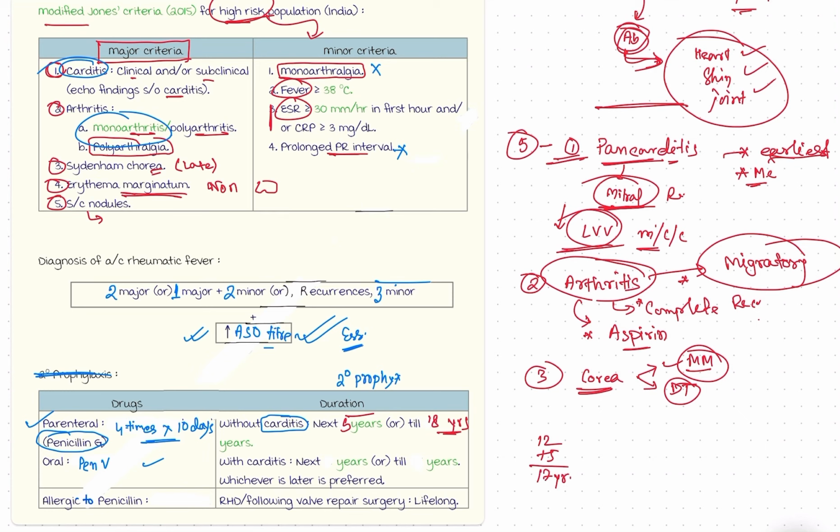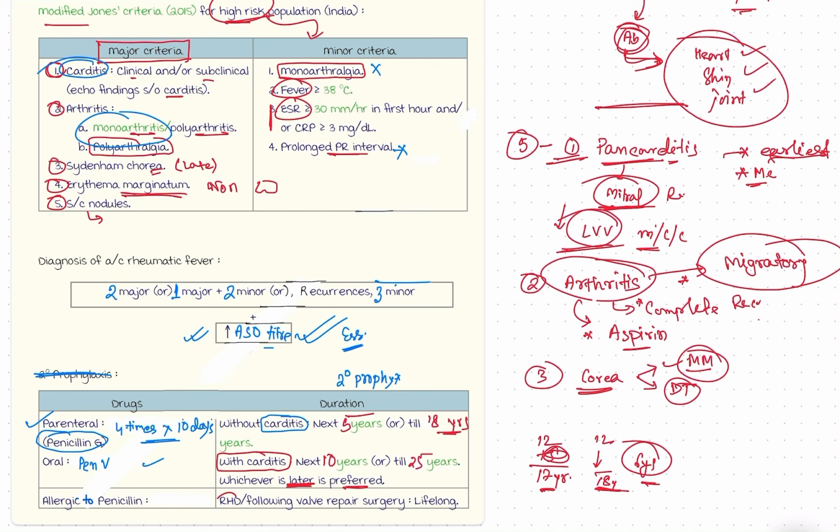And 12 to 18 years is 6 years, so then I'll give 6 years. Because till 18 is 6 years, and if 5 years is considered, then it will be 17 years. So whichever is longer, that is preferred. If the patient has carditis, then it is 10 years or up to 25 years, whichever is longer.